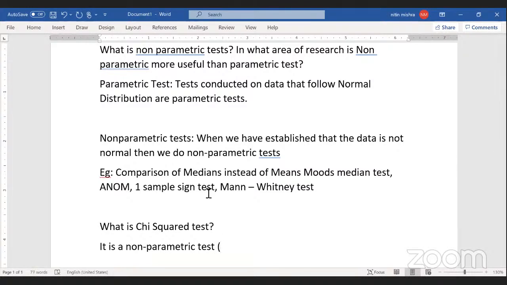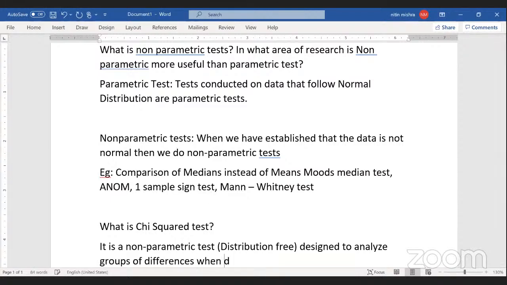Now, when I say non-parametric test, distribution free, designed to analyze groups of differences when data is nominal.